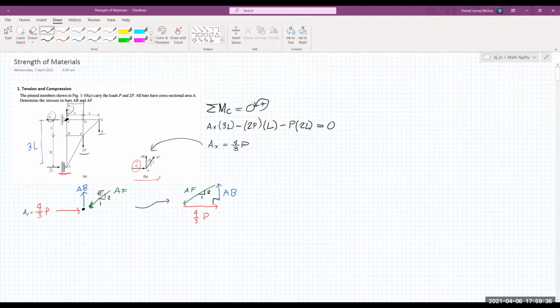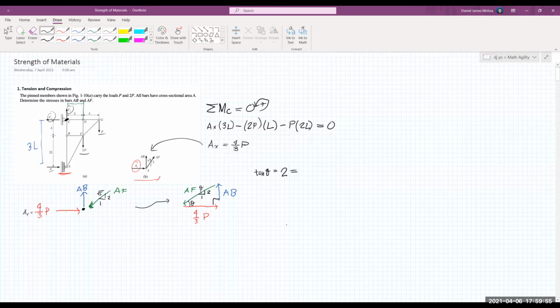So since we have an angle here that is theta, this is actually the same with the angle formed by the slope of AF. Okay, so let's use tangent of theta that is actually 2:1 or 2.